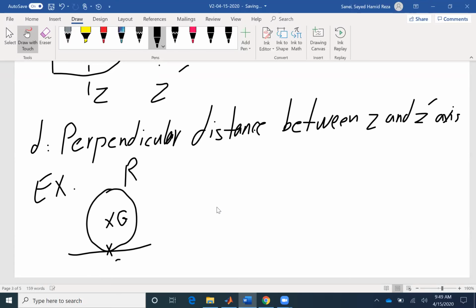Then you want to find the moment of inertia about point C. Usually the inertia is given about the center of gravity, so we have IG as half m r squared.